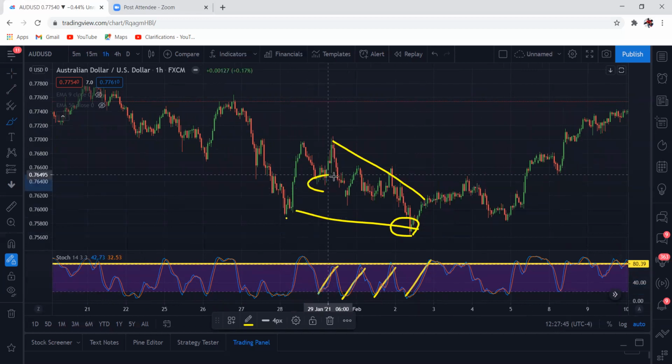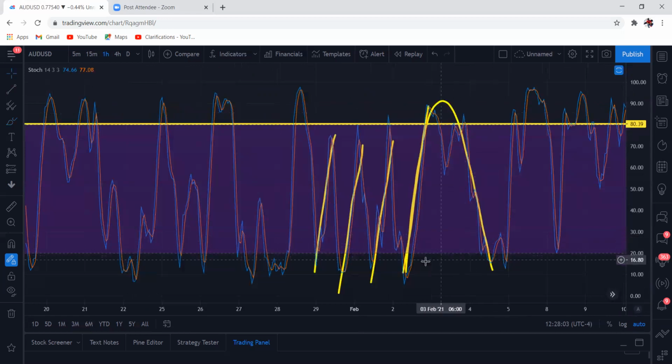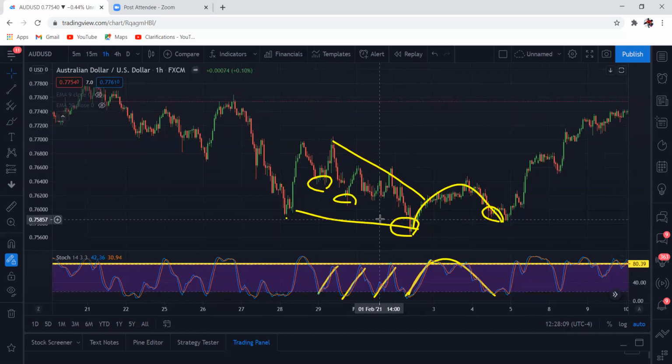See here? Price is getting lower and lower and lower, right? So what I want to see is, when this comes back around and gets into oversold territory, see that? I compare, right? So guys, in a nutshell, you're just comparing the lower lows and the higher highs against each other. So I want to spot divergence, all right?